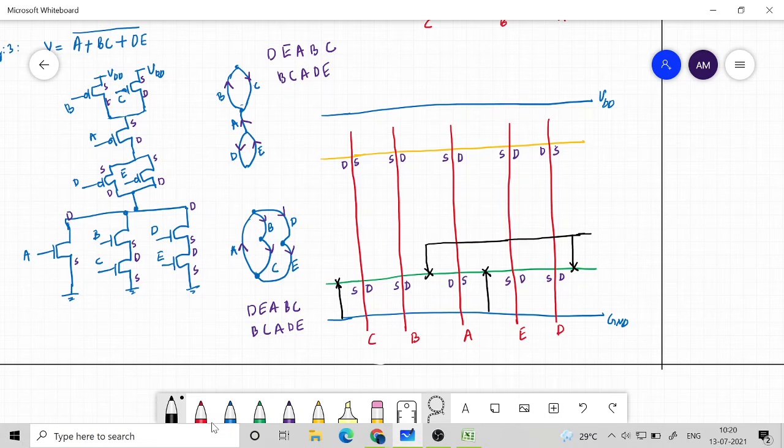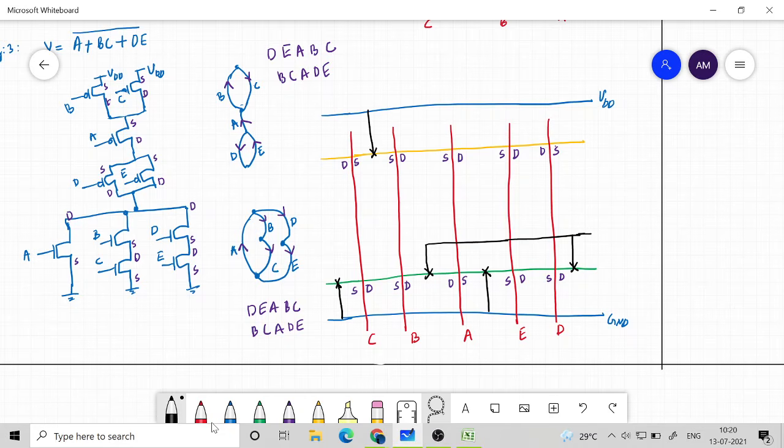So C transistor's source should be connected to VDD, and B transistor's source should also be connected to VDD. Then what else should be connected to VDD? There is nothing else to be connected to VDD.